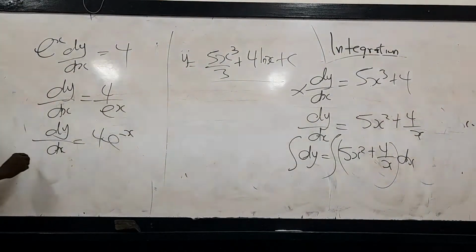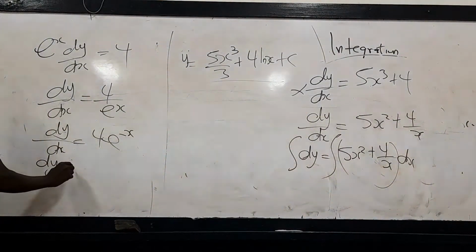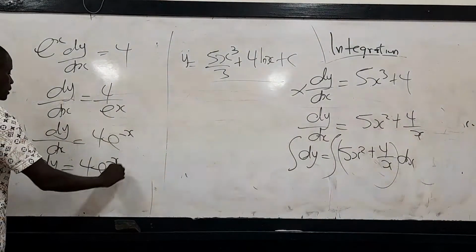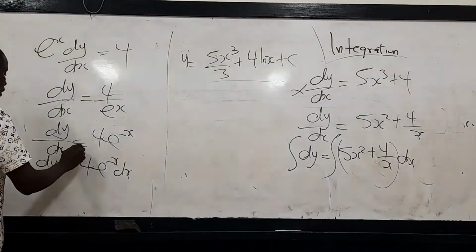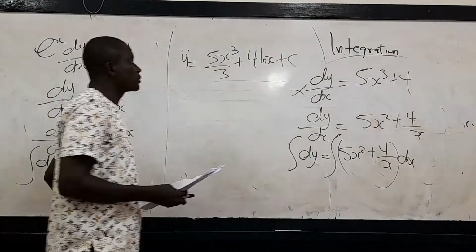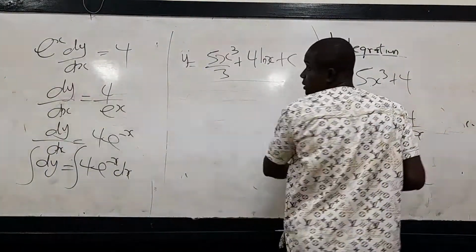So if dy is equal to 4e to the negative x dx, I can decide to integrate both sides like this. So what happens?